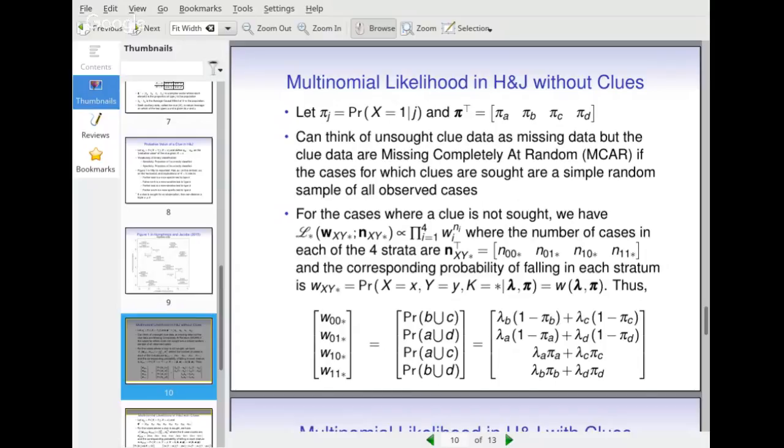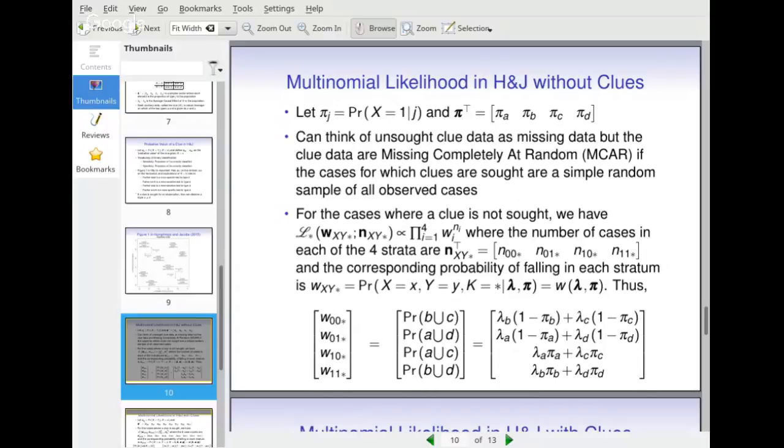So we have a multinomial likelihood, and we have a way of constructing, given lambda and pi, the input parameter to the multinomial distribution. And this is why we practiced with the multinomial on the last homework, so we'd be ready for this. All right.